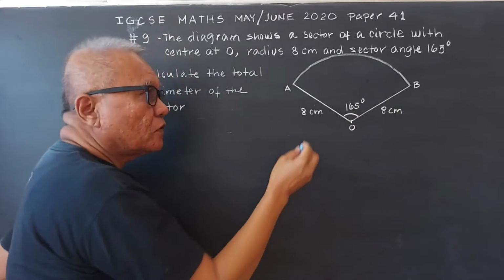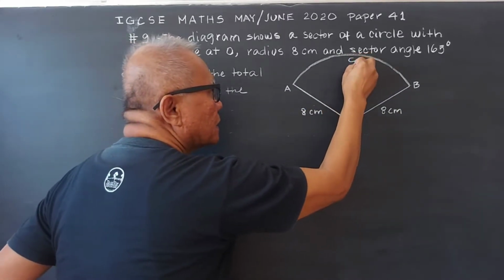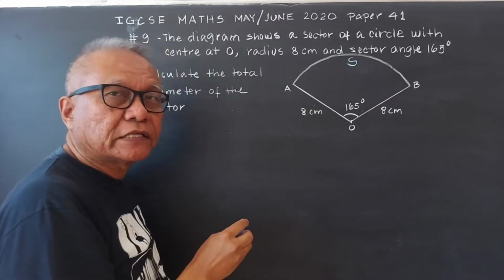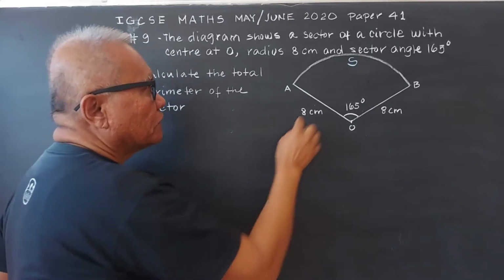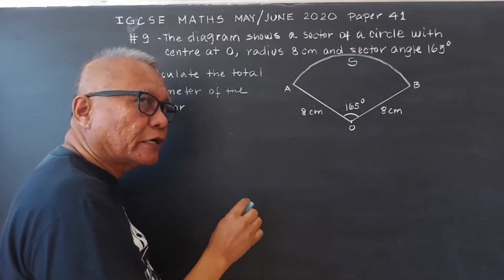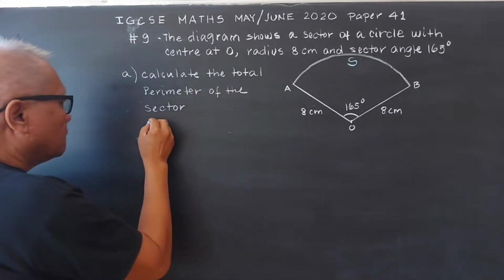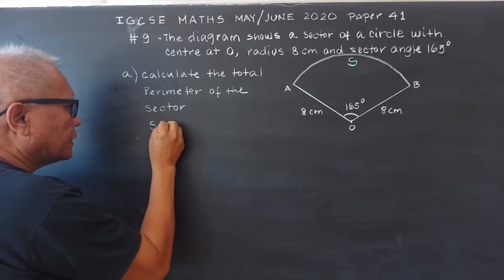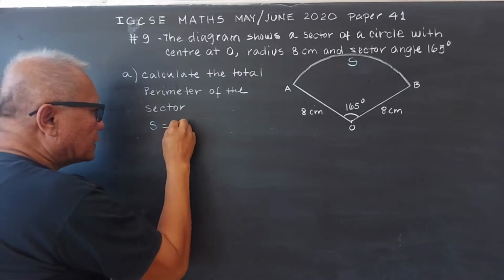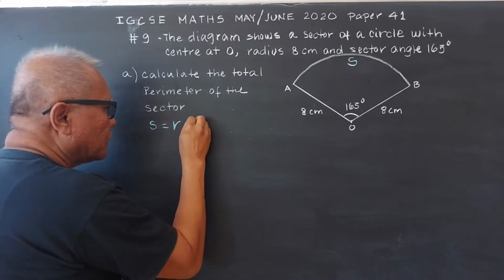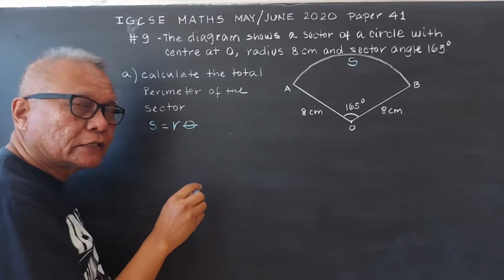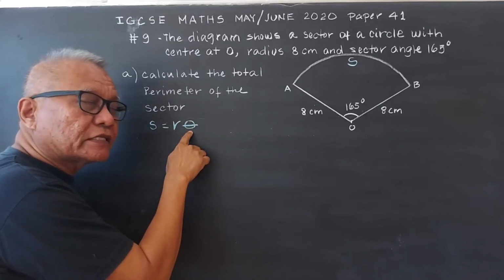So let us call that one S for subtended arc. The formula for the subtended arc and the formula for area of a sector is this. For subtended arc, our length of the arc is r theta. What is this theta?